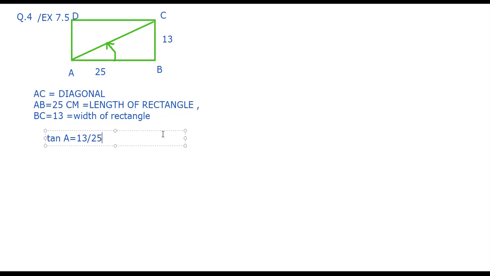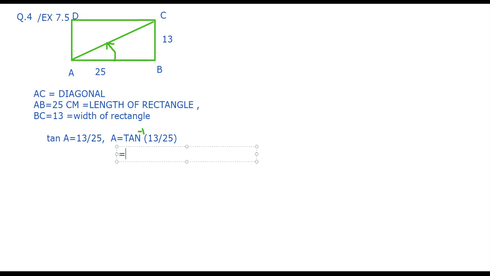So you have to keep A on one side and shift tan to the other side. So you will write tan inverse of 13 by 25. You do need to write tan inverse, the inverse symbol, because there is a lot of difference between tan and tan inverse. The tan inverse key works with the shift sign and it calculates the angle only.